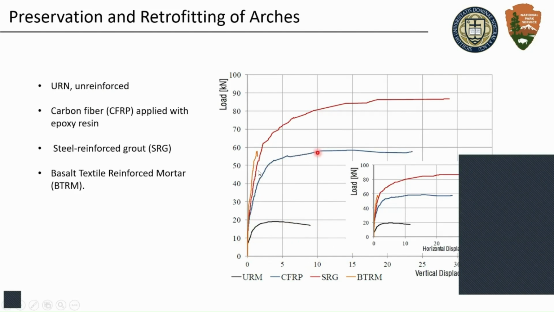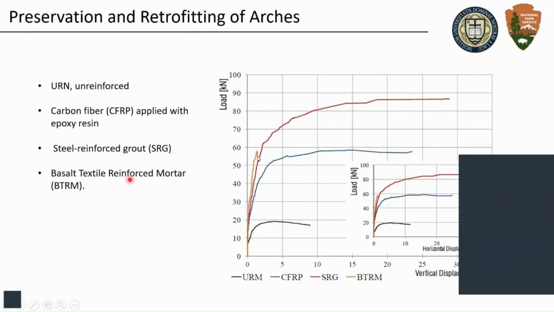The red one is the steel reinforced grout. And again, we note a similar trend, not only a gain in strength, but also a gain in deformation capacity. And this fourth one, or third reinforcement technique, which is the basalt textile reinforced mortar, you can see here is the orange one. And this orange one is giving you plenty of strength, but very little deformation capacity, right?